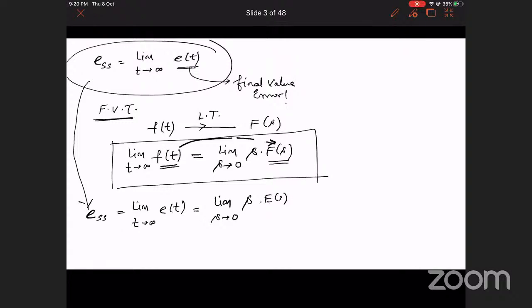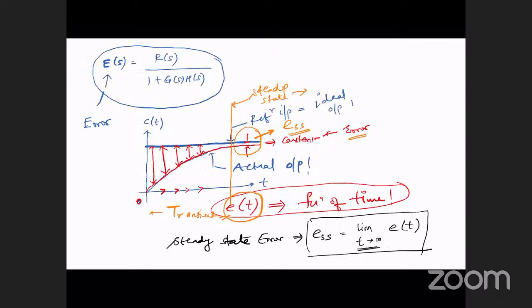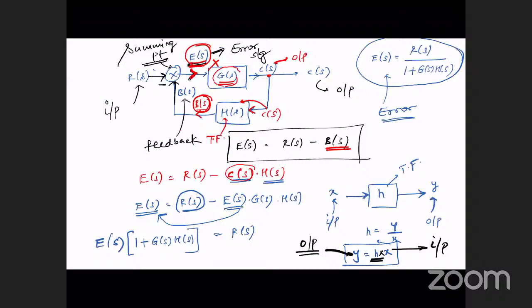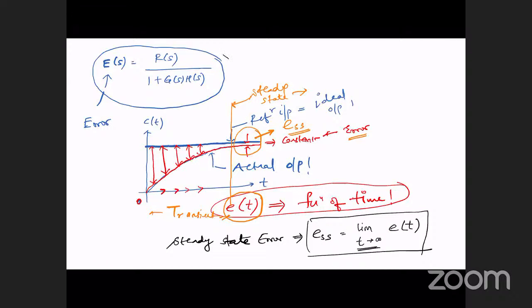Yes or no? Let me go back to the previous slide and show you. Look at this. We already have the value of E of s. What is that? It is R of s upon 1 plus G of s H of s. Yes or no?